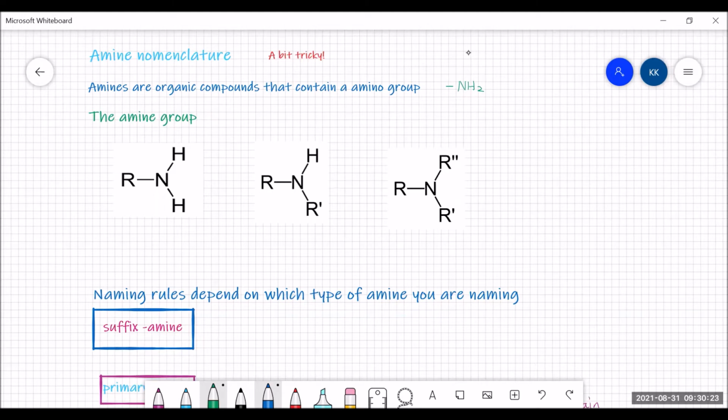So amines are either classified as primary, secondary, or tertiary, and this depends on how many alkyl groups that nitrogen is attached to. If the nitrogen is attached to one alkyl group, then we have a primary amine.